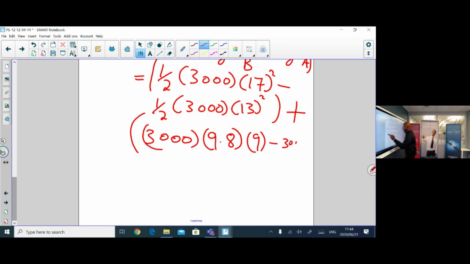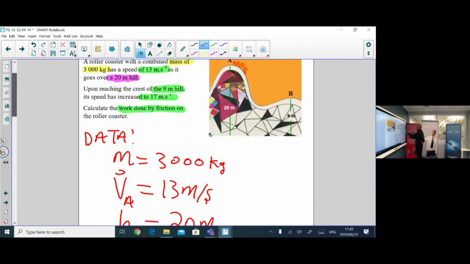3,000 multiplied by h, which is 9.8, multiplied by 9.8, multiplied by 0 at A. Is it 0?